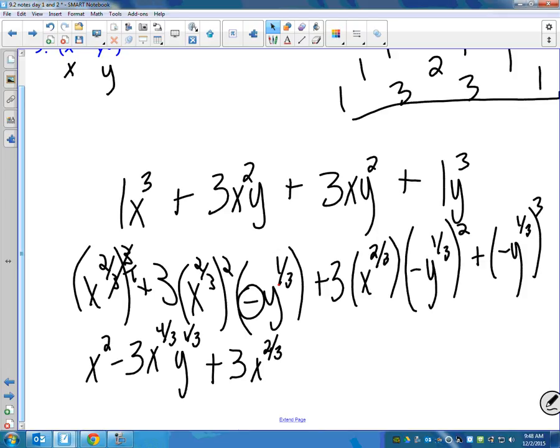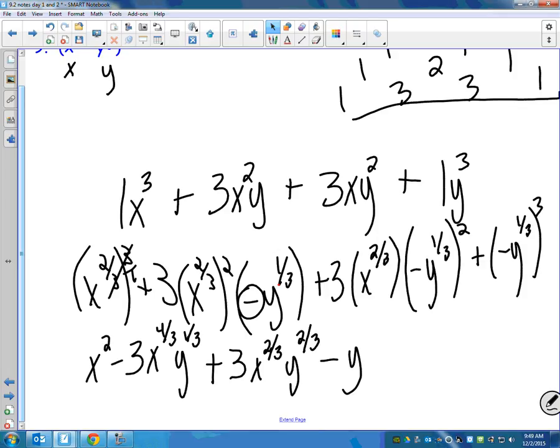And 1/3 times 2 is just y to the 2/3. And the last one, if it's negative to the 3rd power, that's going to be negative. And then 1/3 times 3 is y. There's nothing else you can do there. They're not like terms, which means that's your answer.